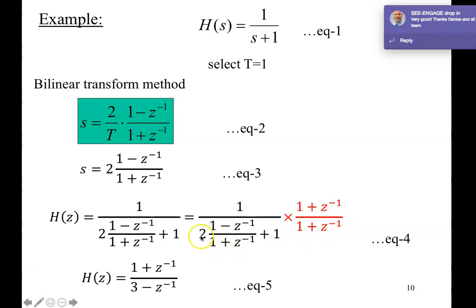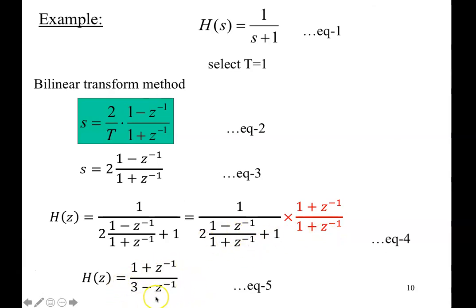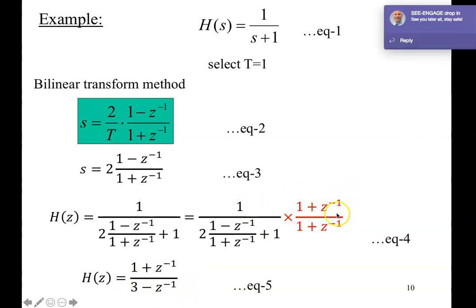So this first term becomes 2 times 1 minus z^-1, and this 1 times that becomes 1 plus z^-1. Add the two terms together and you get 3 minus z^-1. On the top is 1 times that, which gives you 1 plus z^-1. So that is the transfer function we get from the bilinear transform method.